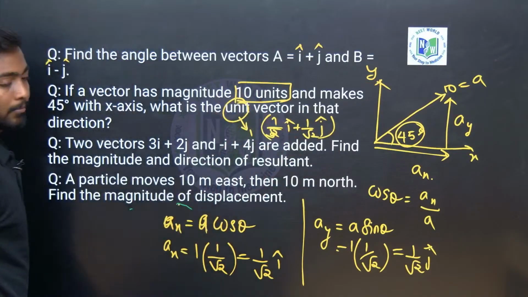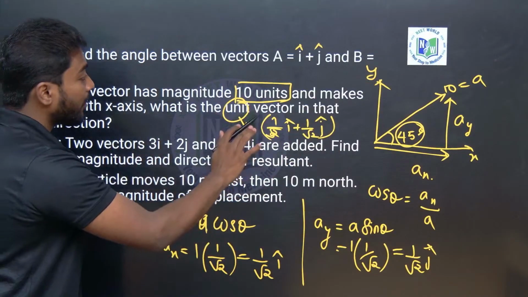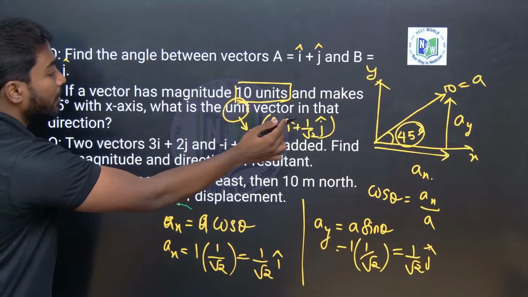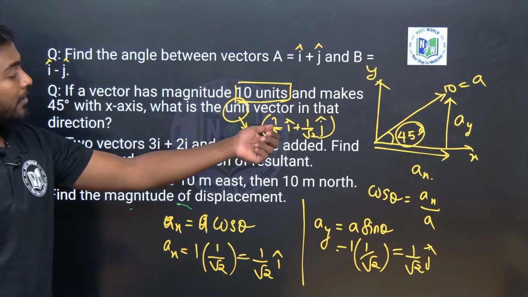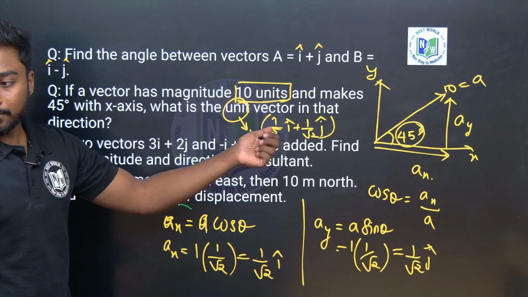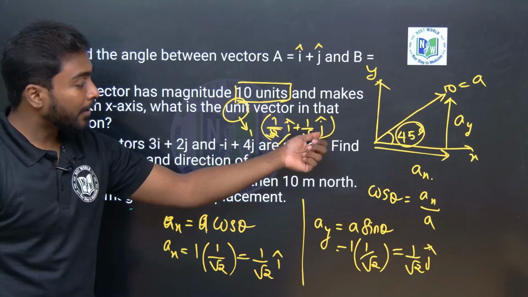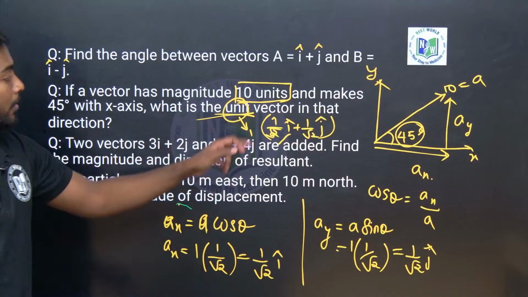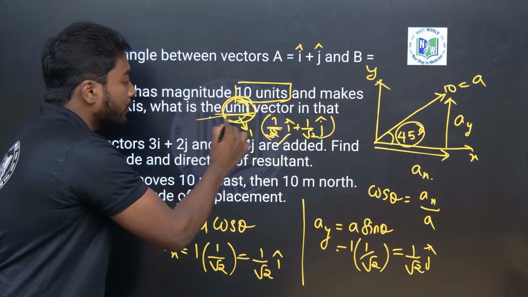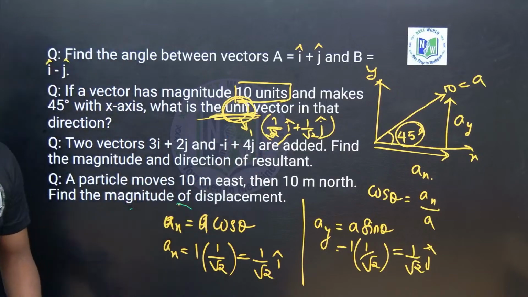If they are asking simply about the vector in that direction, I can say it is 10 by root 2 i cap plus 10 by root 2 j cap. They are asking about the unit, so whenever reading the question, read it properly.